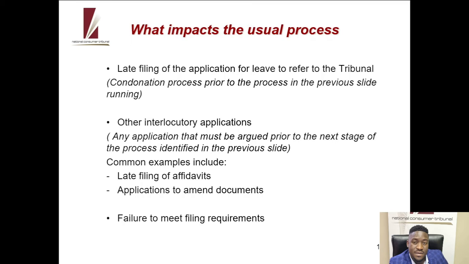There are a few instances that impact the usual processes, such as the following: the late filing of the application for leave to refer to the tribunal, or other interlocutory applications. A few common examples include the late filing of affidavits or applications to amend legal documents, and failure to meet filing requirements.